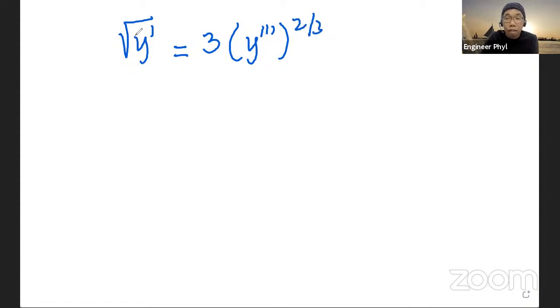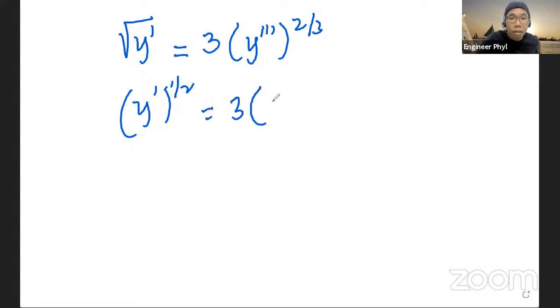The left side of the equation, the square root of y prime, can be written as y prime raised to 1/2, equals 3 times the quantity y triple prime raised to 2/3. Okay, for the order, we can obtain it since we look at the highest derivative, and the highest derivative here is the third derivative. So it's clear that the order is third order.